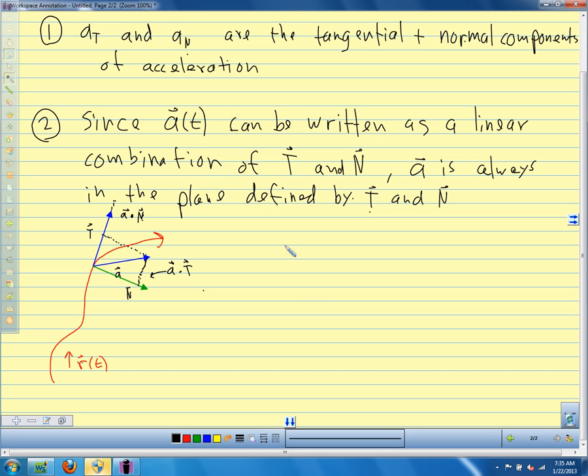So usually we want to express a sub n and a sub t in terms of our position vector, our velocity vector, and our acceleration vector.